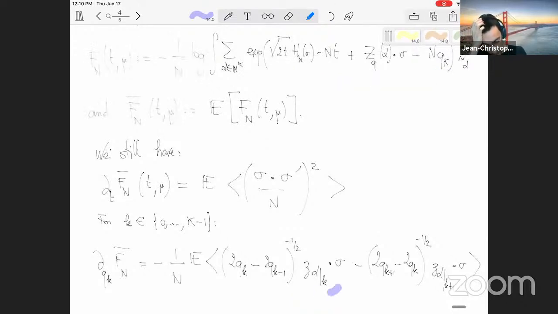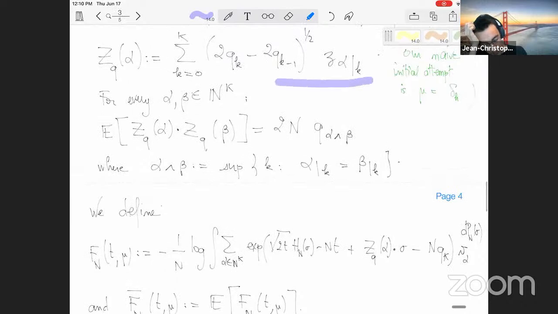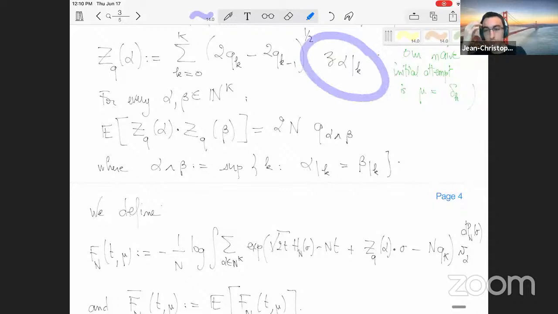So there's this guy. How does it correlate with the energy which is here? But for possibly different alpha. So the question is whether or not they use the same z alpha restricted to k.